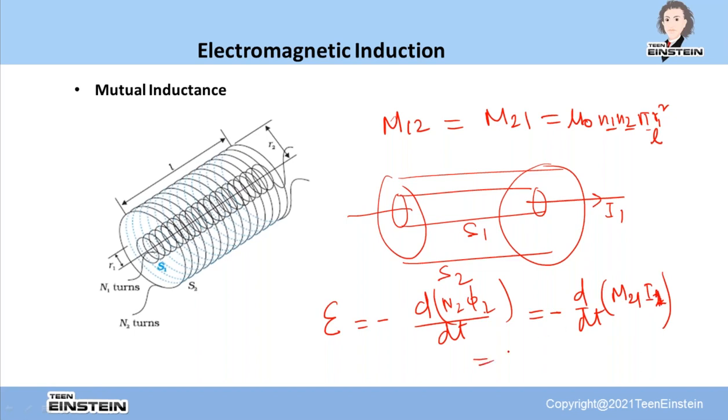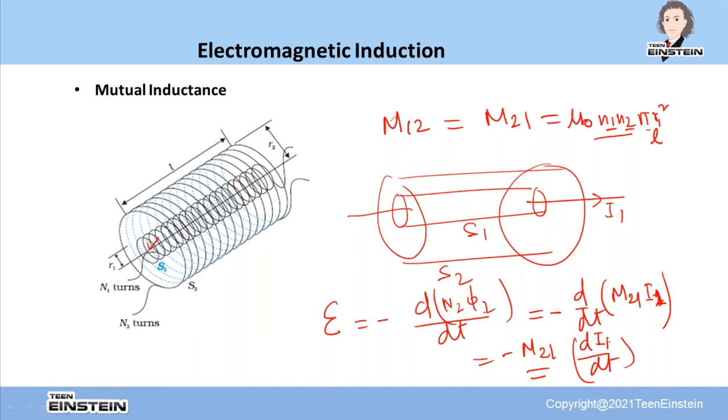M21 is a constant, so it will come out of the derivative, and it will be dI1 by dt. So if you know the current in the S1 coil and you have these parameters given, you can find this.